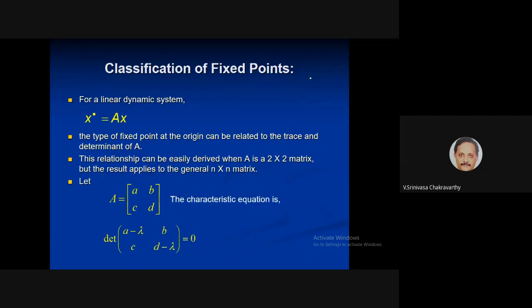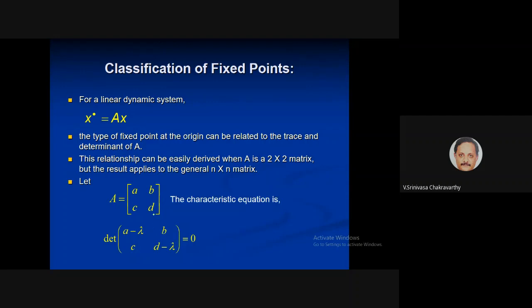So what we'll do, we'll take a short break now. We'll break for today. And tomorrow we'll take again the two-dimensional system, x dot is equal to Ax, where A is a real matrix having 4 elements, a, b, c, d. We'll solve for the eigenvalues and we'll see.